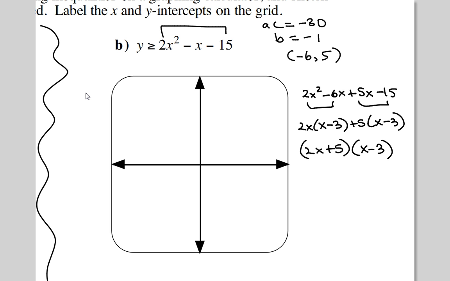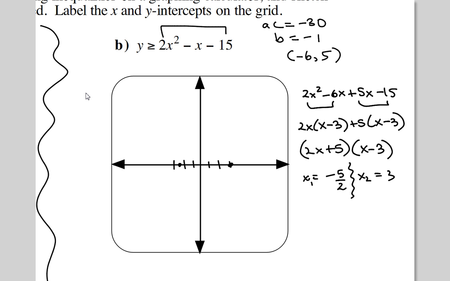So we have x1 is negative 5 over 2, and x2 is 3. So 1, 2, 3. Plot that guy. And negative 5 halves, negative 2.5, so 1, 2, 3, halfway right there. What's the y-intercept?